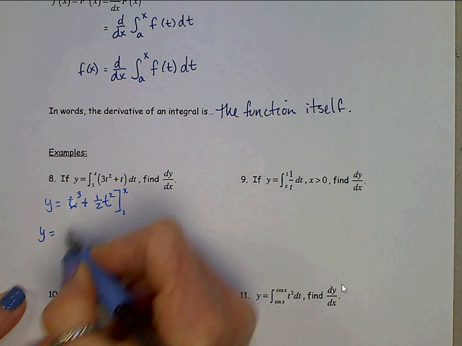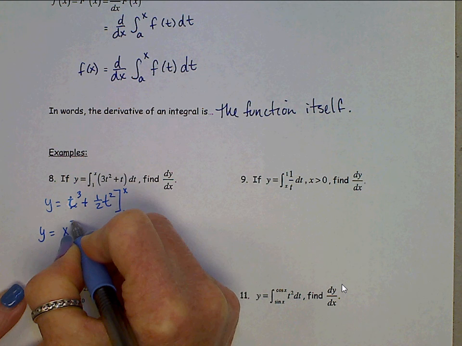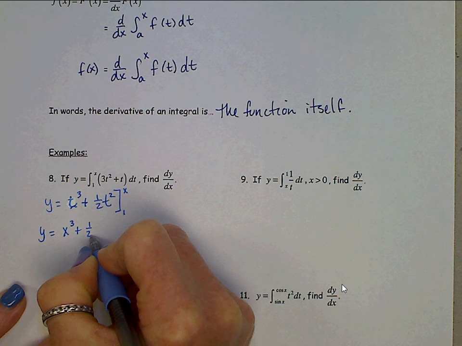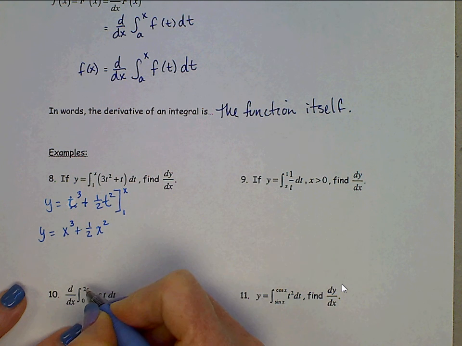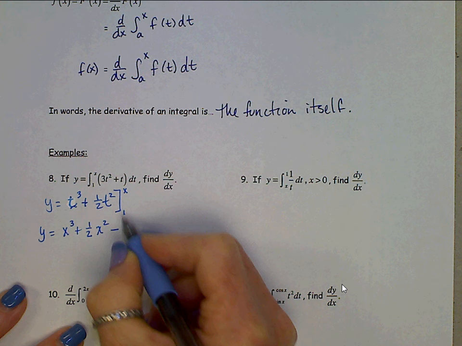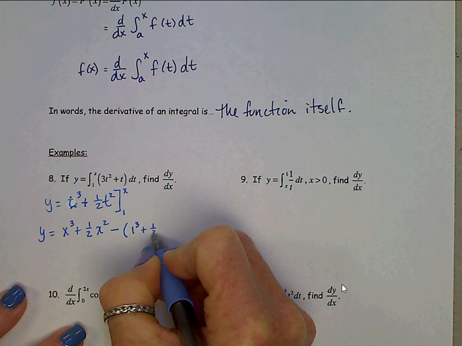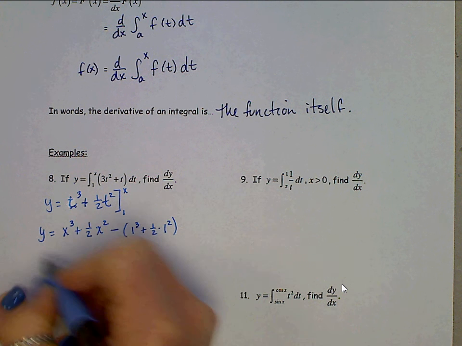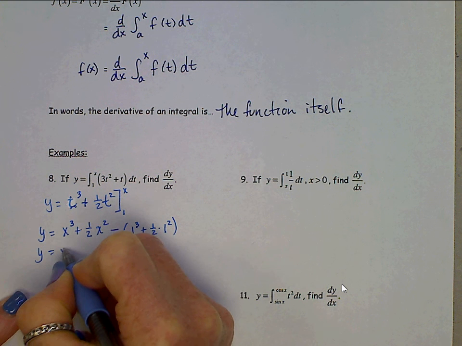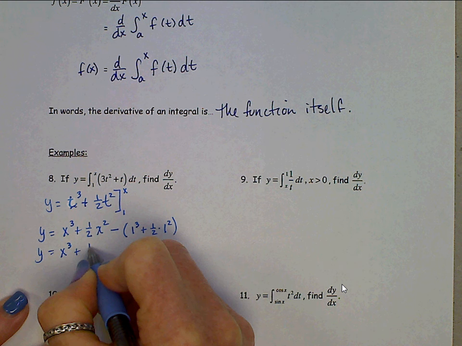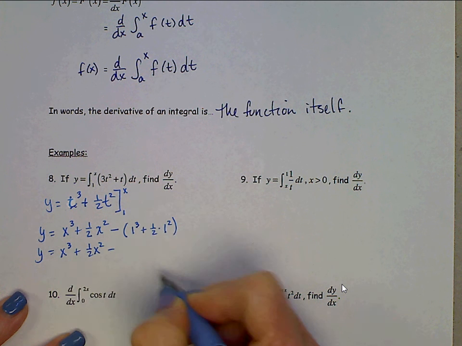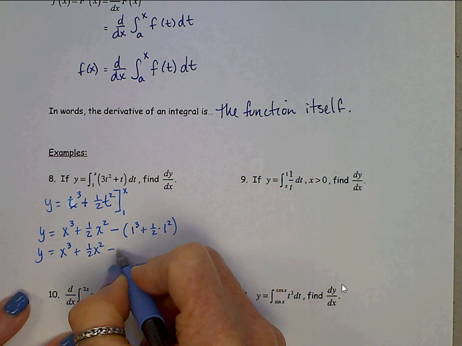Plug in that x first, x cubed plus 1/2 x squared, minus, now plug in the 1 cubed plus 1/2 times 1 squared, and we will have x cubed plus 1/2 x squared minus 1 plus 1/2, 3/2.